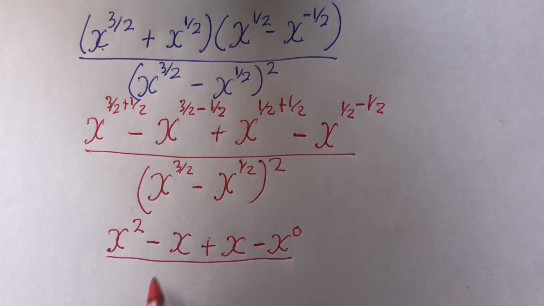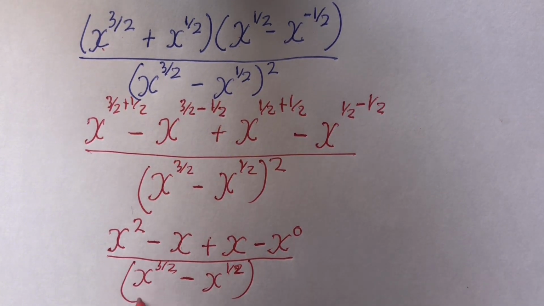All divided by (x^(3/2) - x^(1/2)) all squared. So here, this and that gives 0. That is minus x plus x is 0. And x power 0 is 1.